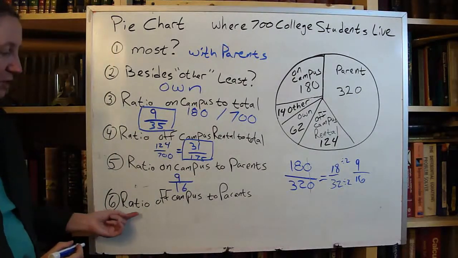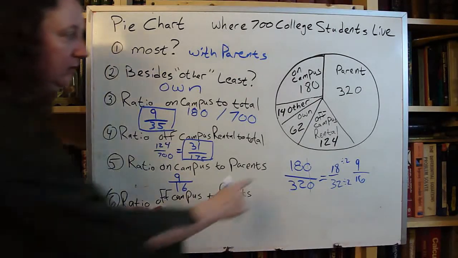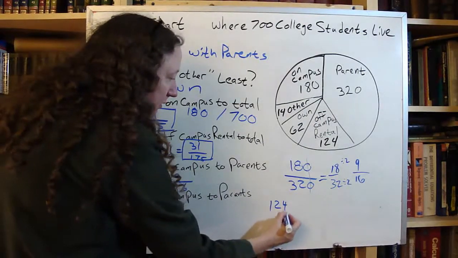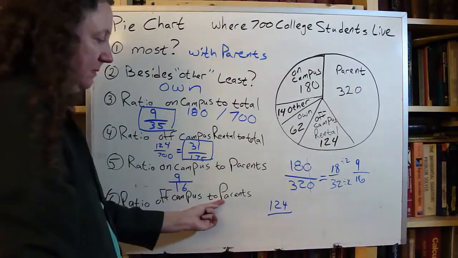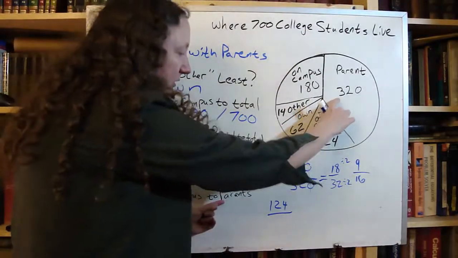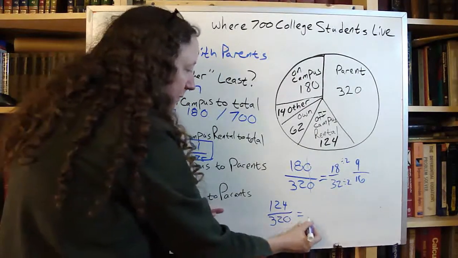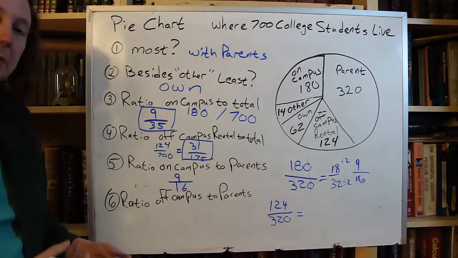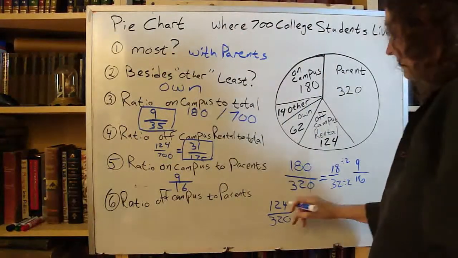Question 6, ratio of off-campus to parents. So now I'm looking at off-campus. That's 124, to, that's my fraction bar. Parents, there's my 320. And then I reduce that the same way that I did with the others. Divide by 2, divide by whatever may happen to come out. So I'm dividing by 2 first.